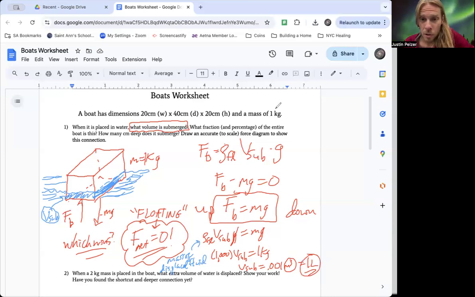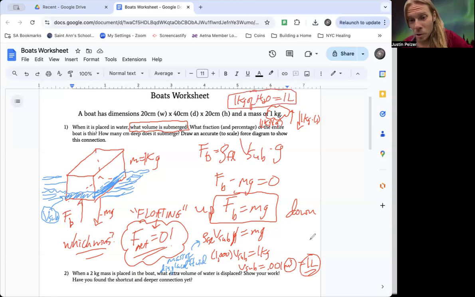Now, the smart shortcut is that we have 1 kilogram pushing down times G, of course, weight. And therefore, we have 1 kilogram pushing up times G. And 1 kilogram of water, by definition, is 1 liter.